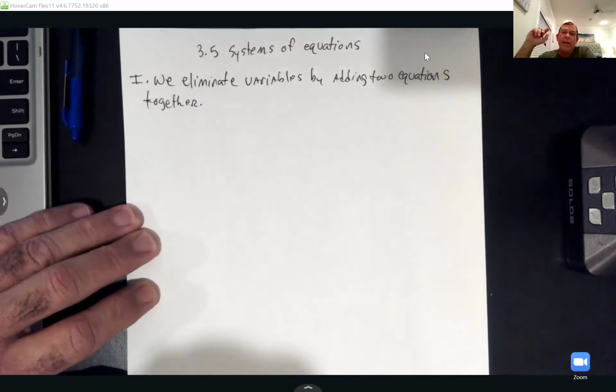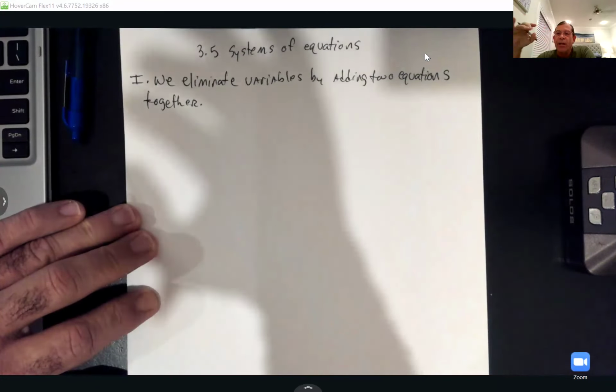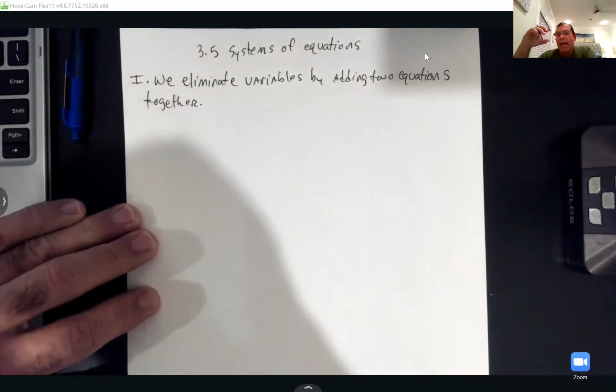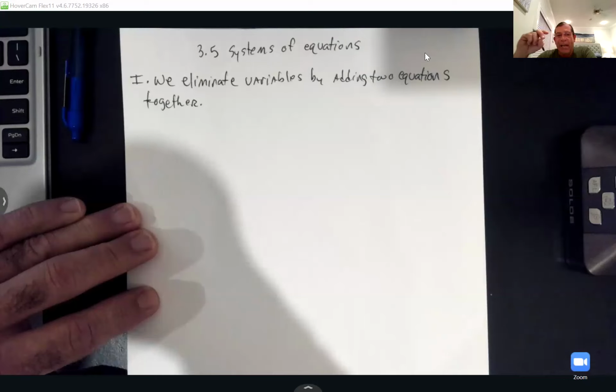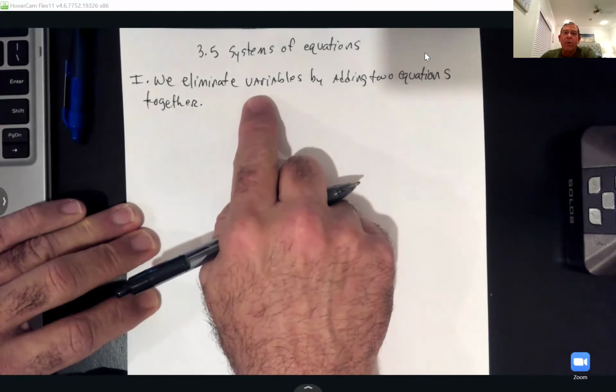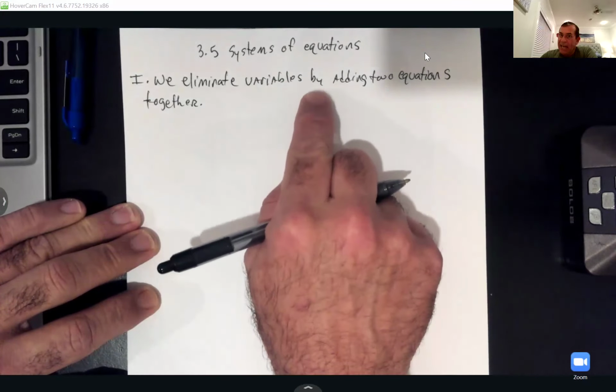So that's sort of how we eliminate the variables. Like if I had 5x in one equation and a negative 5x in the other equation, when I added those x's would cancel. Okay, so in order to eliminate the variables, they got to be the same except for their signs, okay?